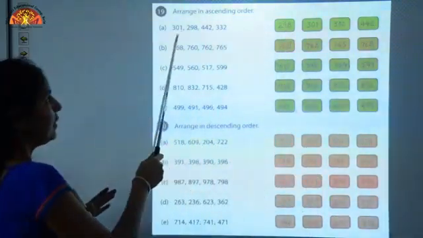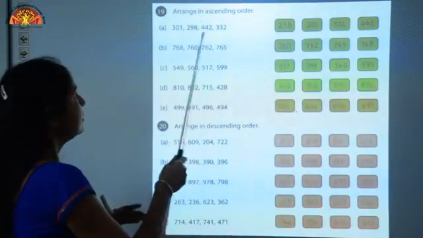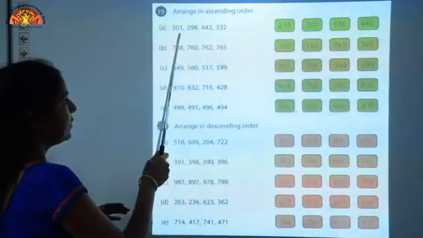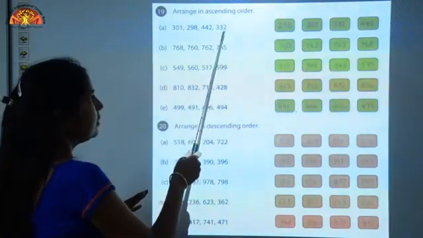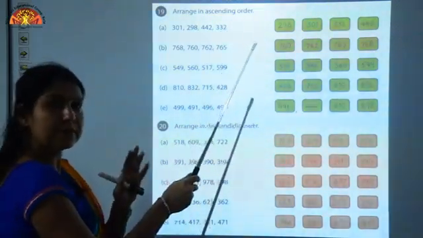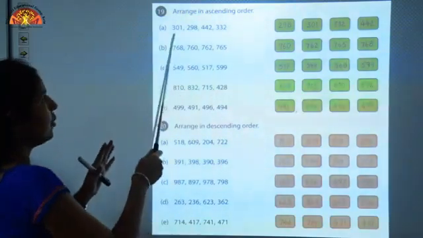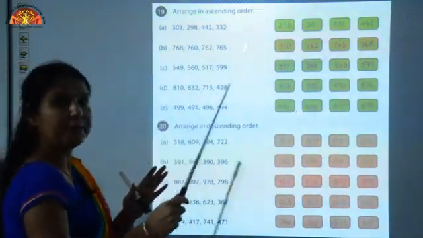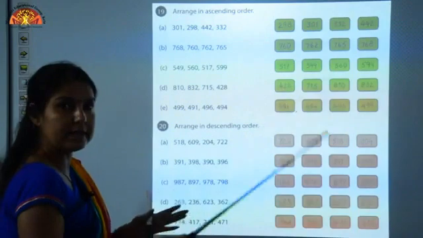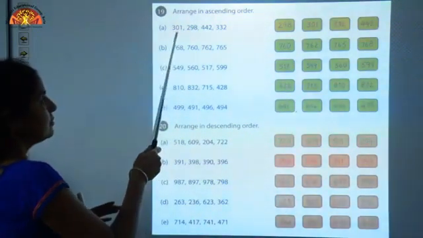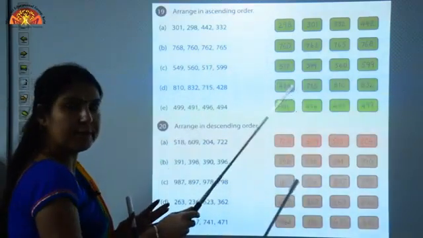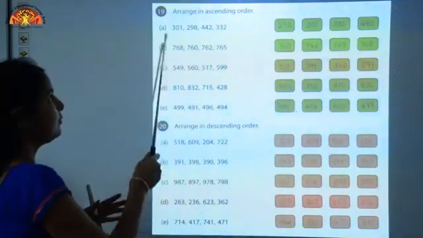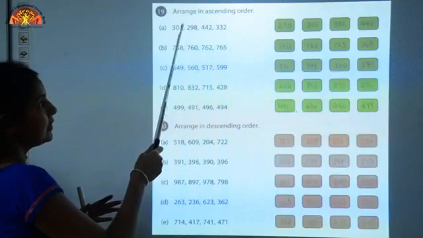Then we will compare the remaining numbers. Here 301, 442 and 332. Here two numbers are starting from 3. So we will compare the numbers at their tens place now. Here 0 is at tens place and here 3 is at tens place. So which number will be smaller in both of these? 301 is smaller.